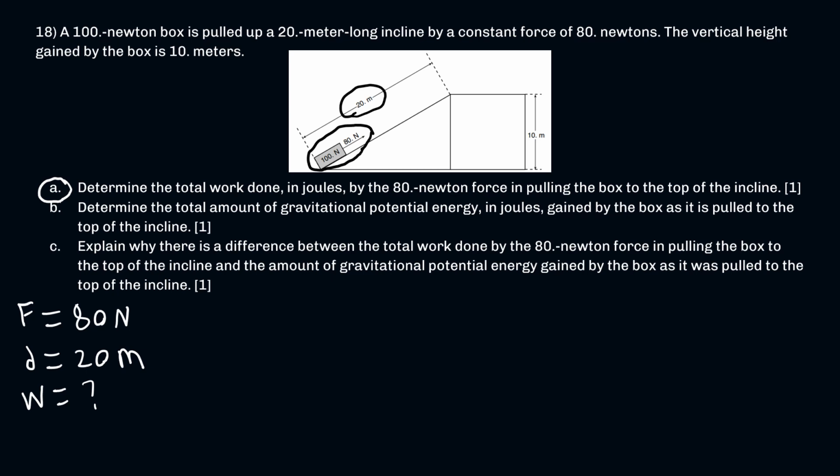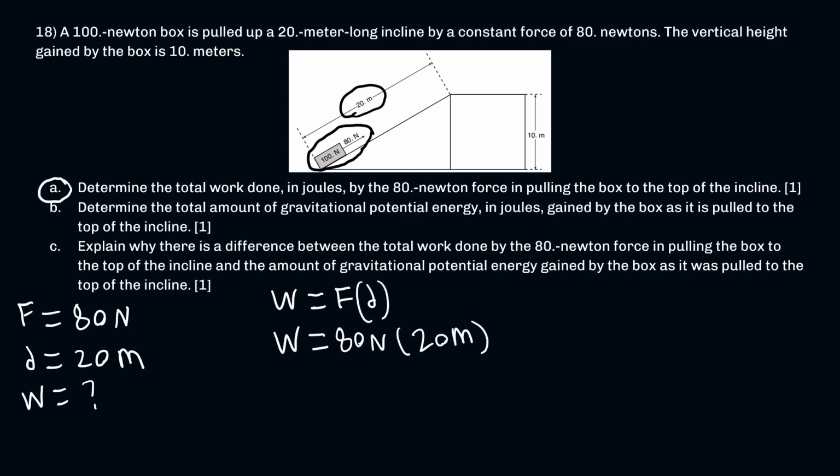All right, so with this equation on the reference table, work equals force times distance. All I do now is just plug in my force times distance, and I will get the work done in bringing it up the incline. So we have here 80 newtons times the distance, which is 20 meters.